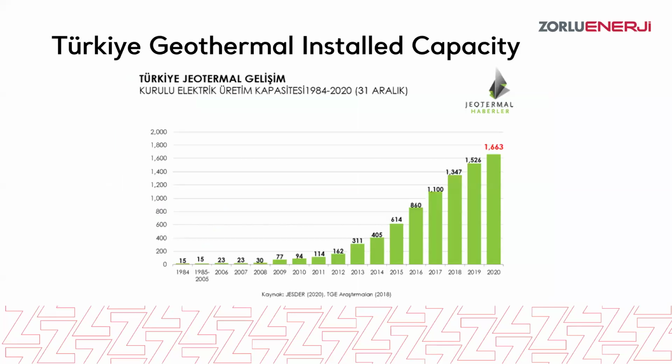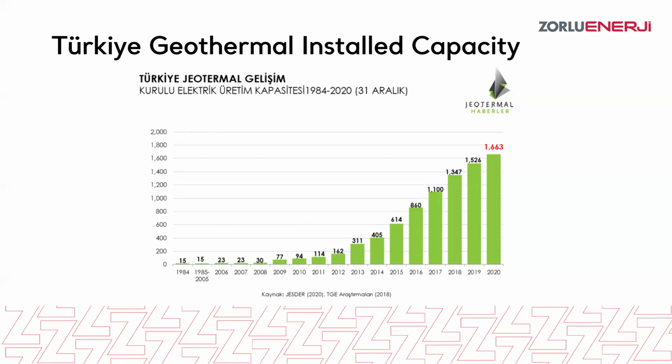So this is our geothermal development from the beginning of the 1980s to today. In 1984, the first geothermal power plant was commissioned in the Kızıldere geothermal field in Turkey. And from that point to today, you can easily see how fast that development was.